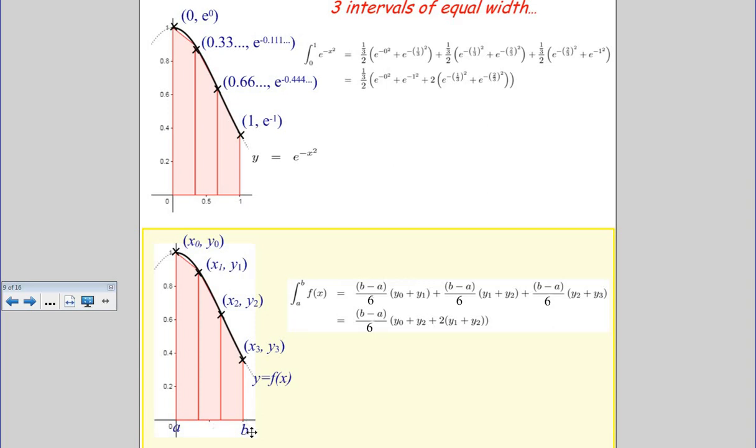To get a single strip width, we do the full width divided by, in this case, 3, b minus a over 3. But then we need to halve that, so that's the same as b minus a over 6. For the first trapezium, we've got y0 plus y1. For the second, y1 plus y2, so we've reused that y1. And the next one, y2 plus y3, so we've reused the y2 again, which means that we have a single y0, a single y3, but double of the ones in the middle.